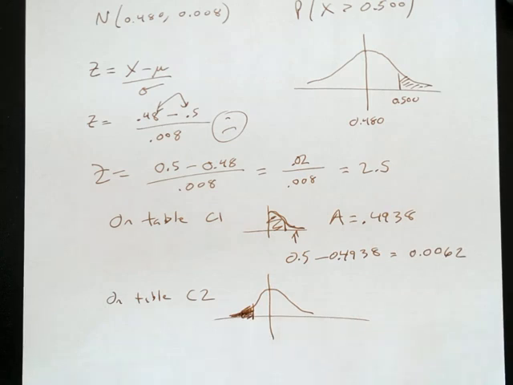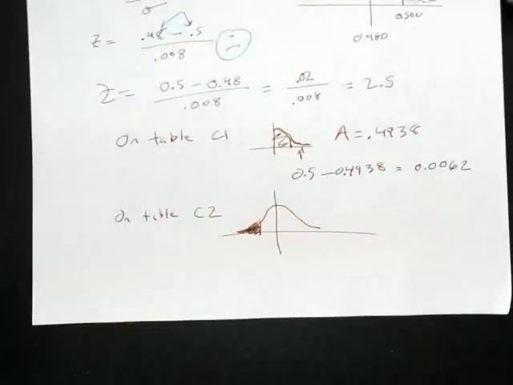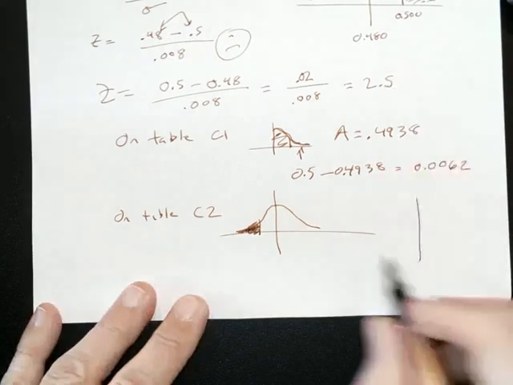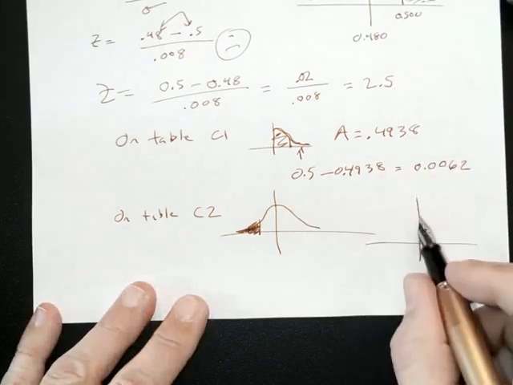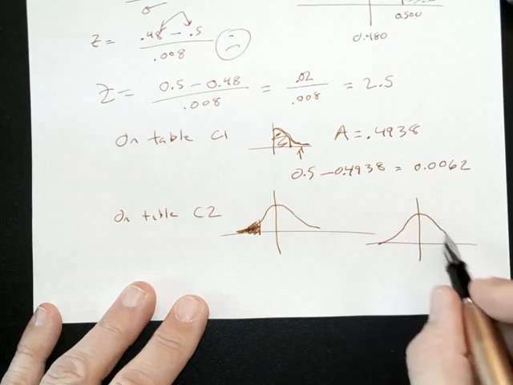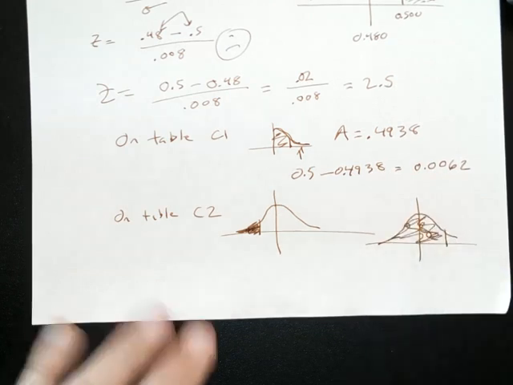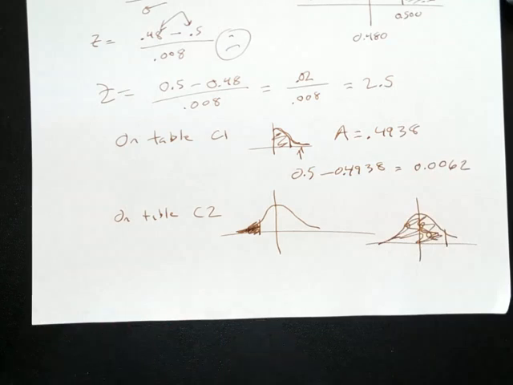And that's the cumulative distribution. It's starting from all the way over on the left and going to the line. So if I use that same z of 2.5, it'll give me all of this on table C2.